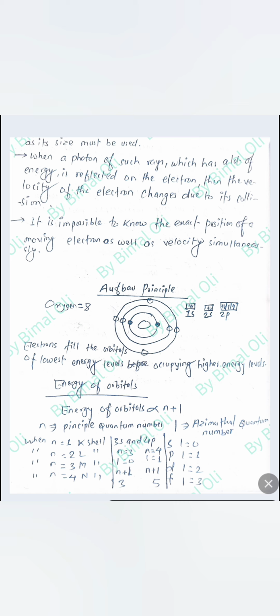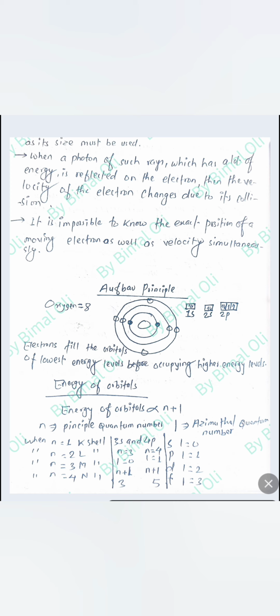Both cannot be determined simultaneously because the electron is a very small particle, and to know its position we have to use high energy X-rays, and these X-rays disturb the velocity of the moving electron.